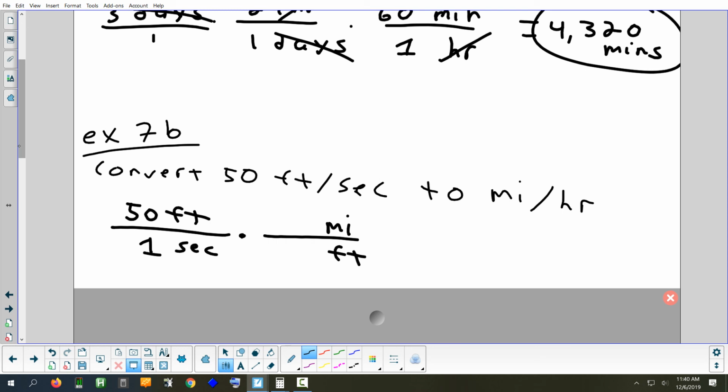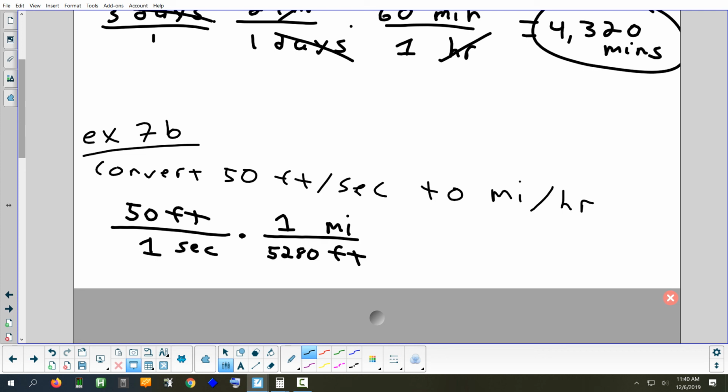Now I need the conversion between feet and miles. What is that conversion? Yeah. There's 5,280 feet in 1 mile. Yep, exactly. 5,280 feet in 1 mile. This is why the US system is kind of a pain. I mean, who comes up with that random number? 5,280?